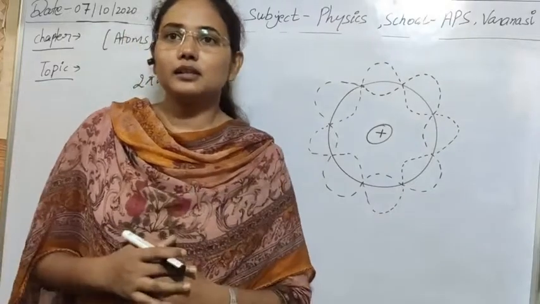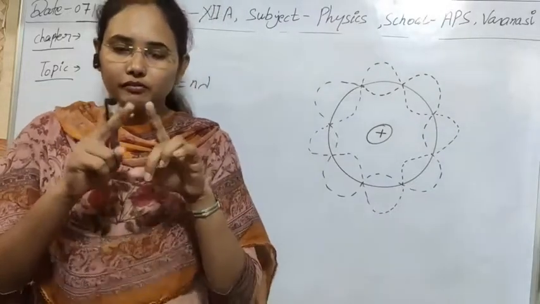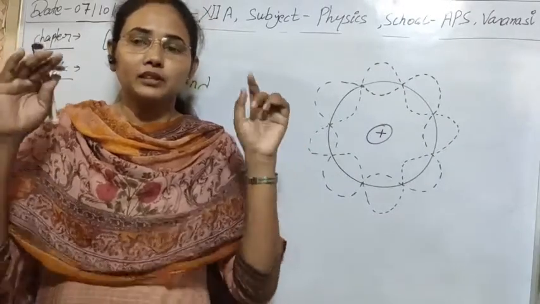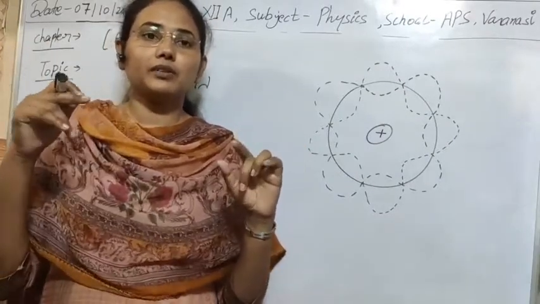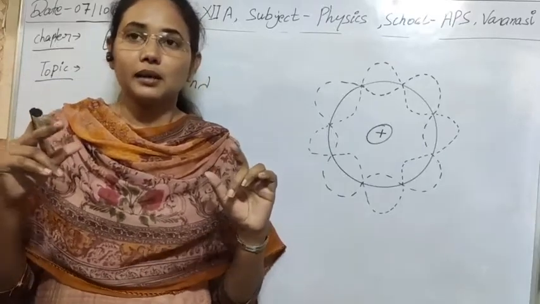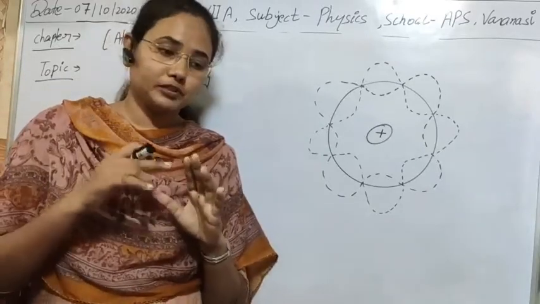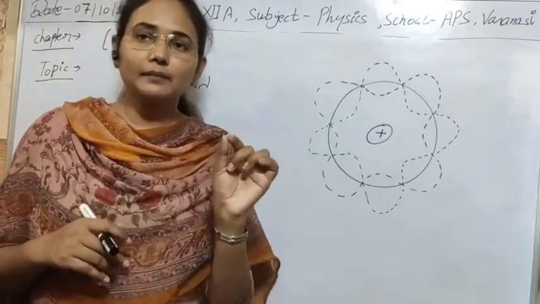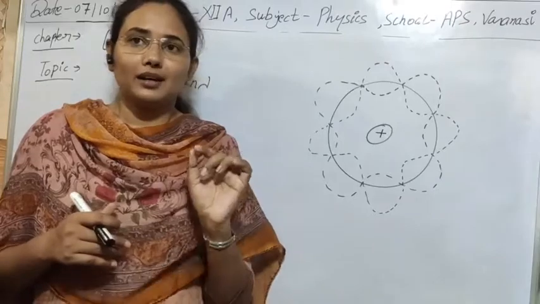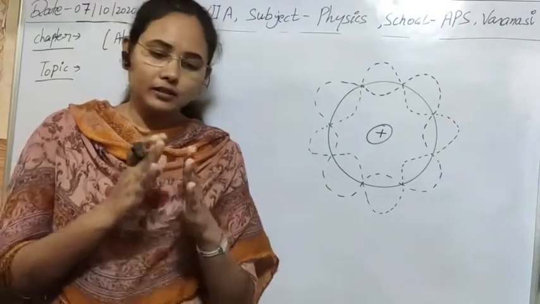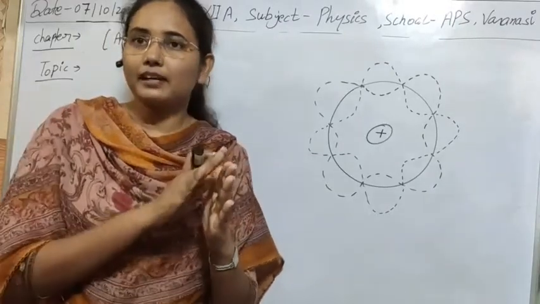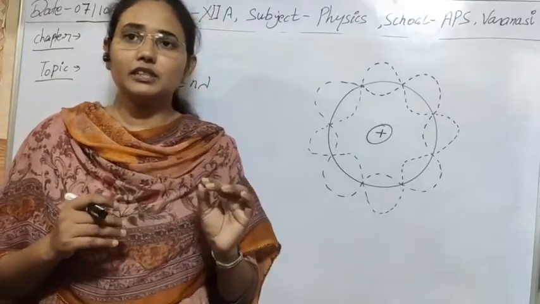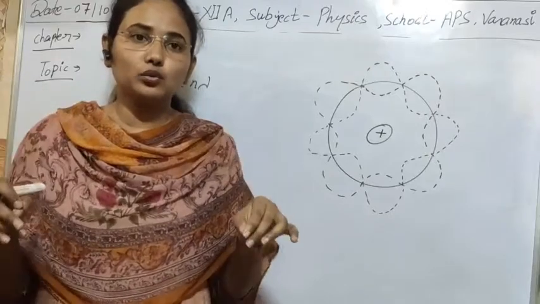Now for the wave, you have already studied the standing wave. If we fix a string between two poles, there are a lot of excitations, and waves are generated for many wavelengths, but only those excitations will reflect back to the original point which have nodes at the two ends.